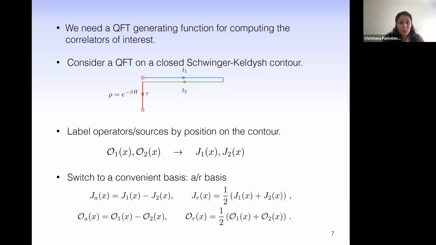Now, it turns out that it's convenient to do a little change of basis, and instead of considering O1 and O2, or equivalently J1 and J2, to go to the AR basis, where, for example, we consider JA and JR. JA is now the difference between the two sources that we have on segment 1 and segment 2, and JR is the average of the two sources.